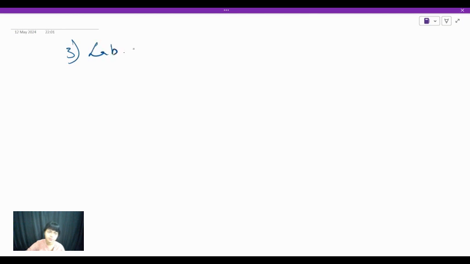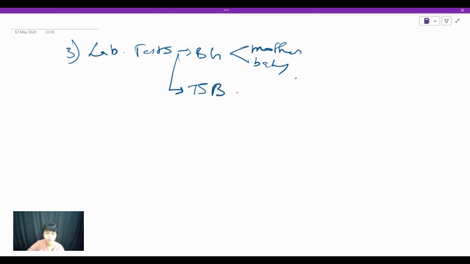Okay, so what are the lab tests you are going to do? Yes, definitely you should order blood grouping of both mother and baby. This is very important, students, not only of baby but mother and baby, right? Next, you should definitely go for a total serum bilirubin. Okay, and that will show you both the values of conjugated and unconjugated bilirubin as well.